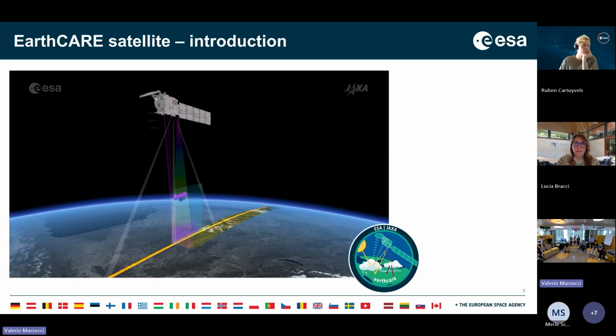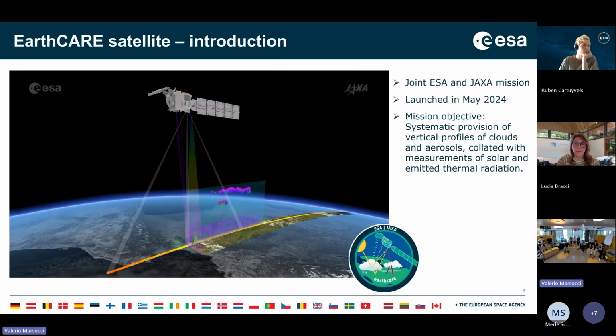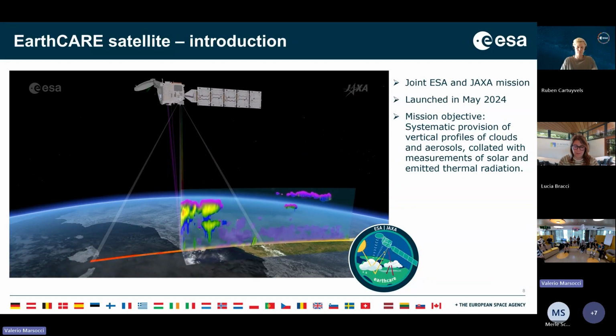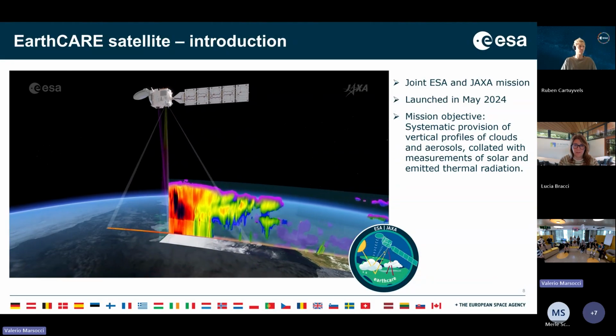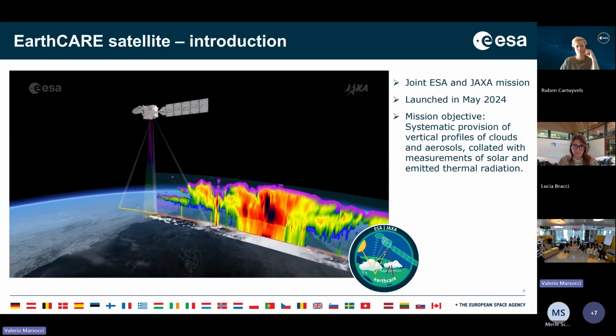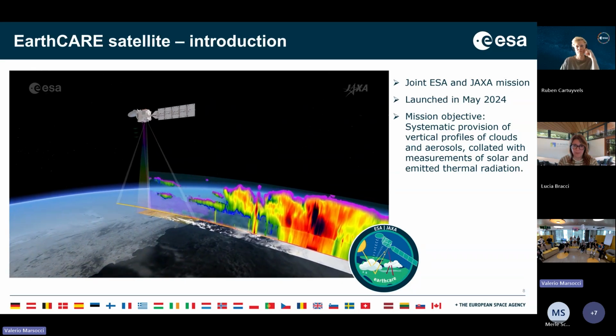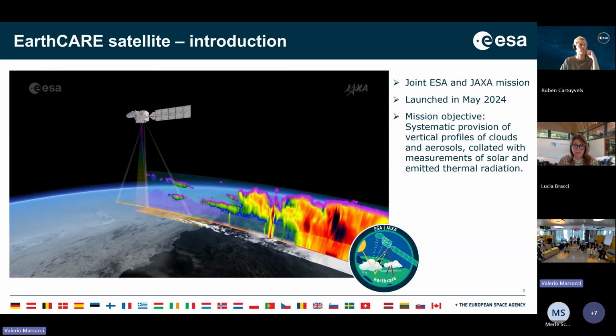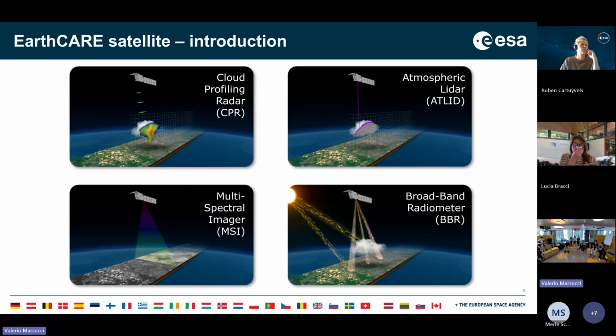And for this, EarthCARE can help. EarthCARE is a joint ESA and JAXA satellite mission. It was launched in May 2024, and it was built to measure clouds, precipitation, aerosol, and radiation. And it does this using 4 instruments.